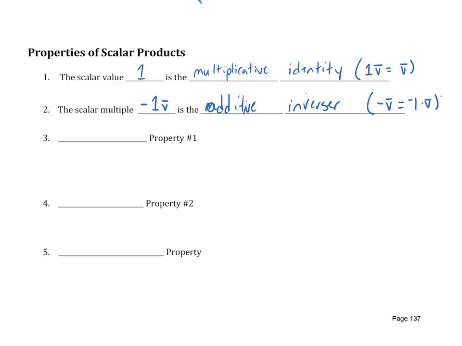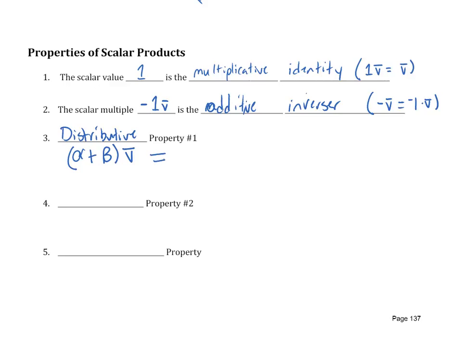Another property that comes out of introducing scalar multiples is a distributive property. If you take two real numbers, let's call them alpha and beta, and you multiply that times a vector, so you take alpha plus beta and multiply it by a vector, you are scaling the vector by a factor of alpha plus beta.